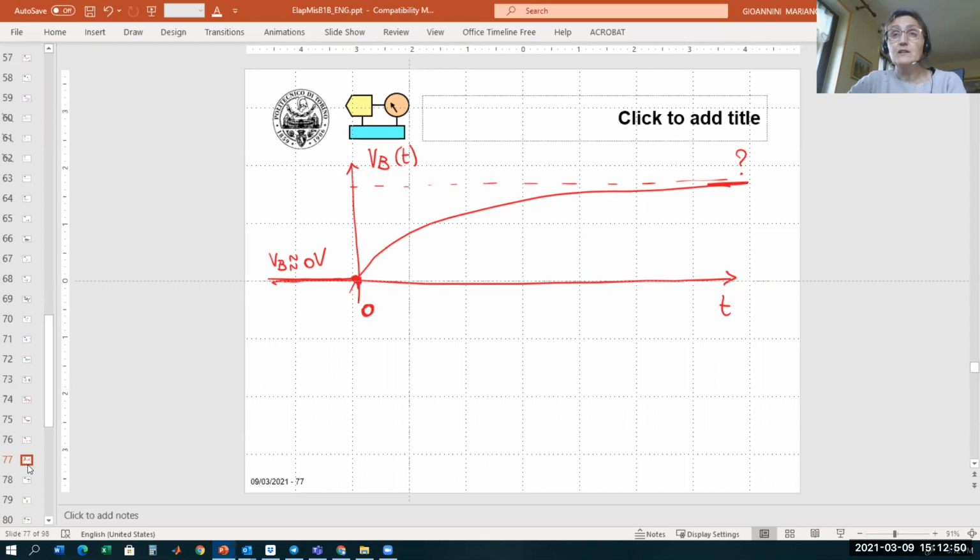Okay? It's a decreasing exponential transient. It's decreasing exponential because, if you look at it in reverse, this difference is decreasing in an exponential manner. Okay? How much is the time constant of this exponential, the tau?